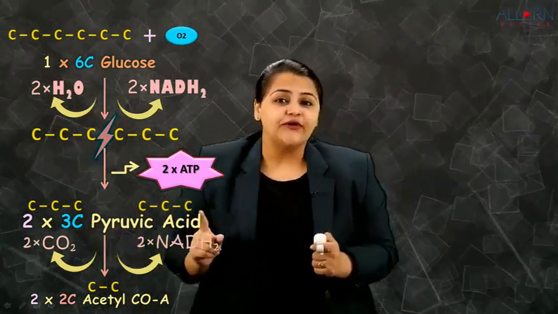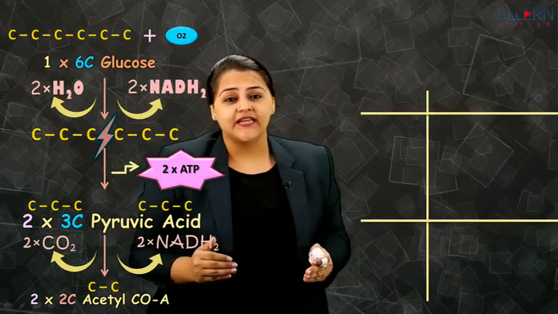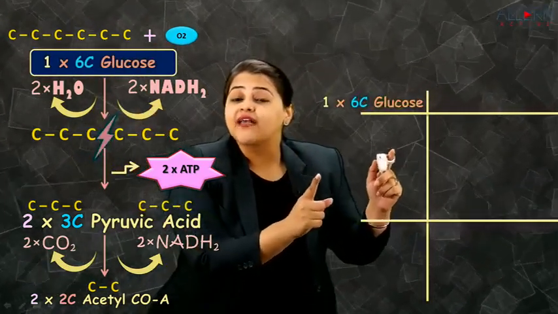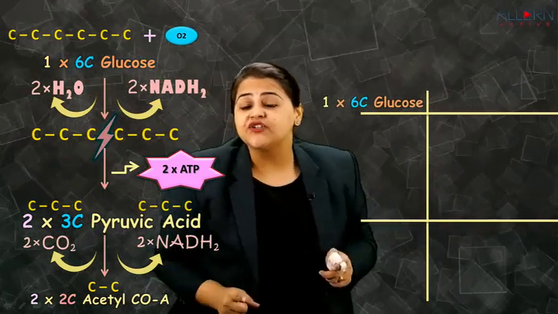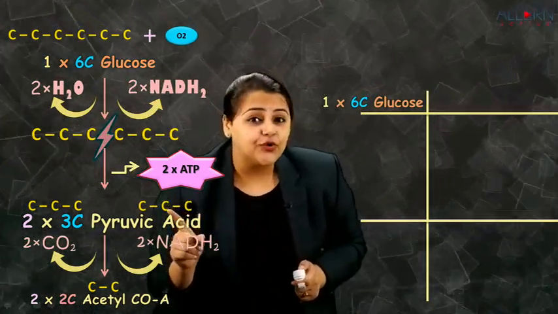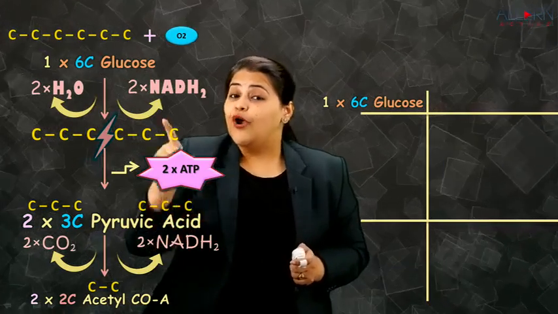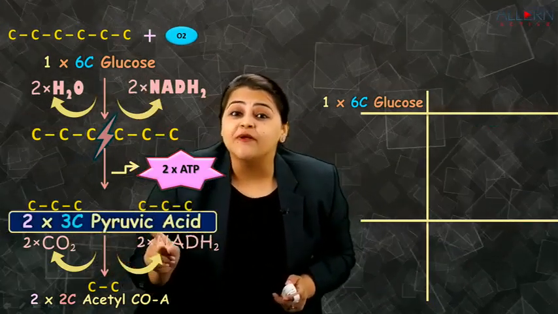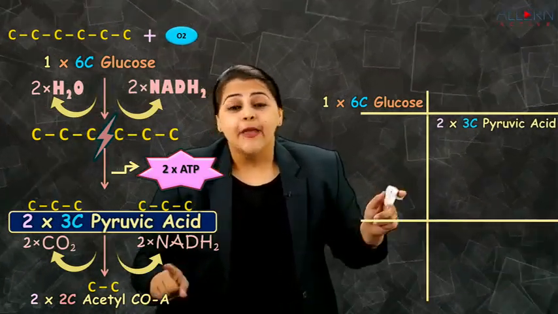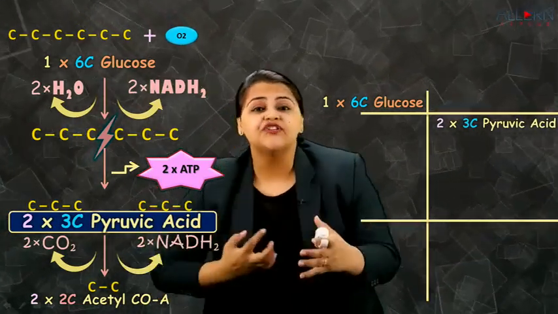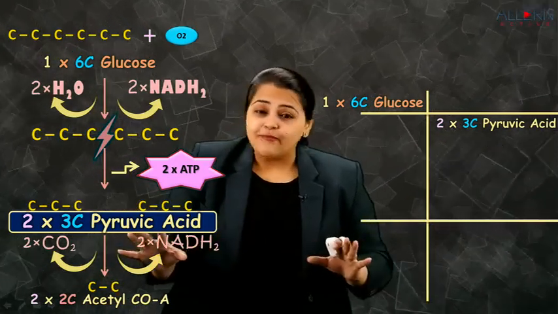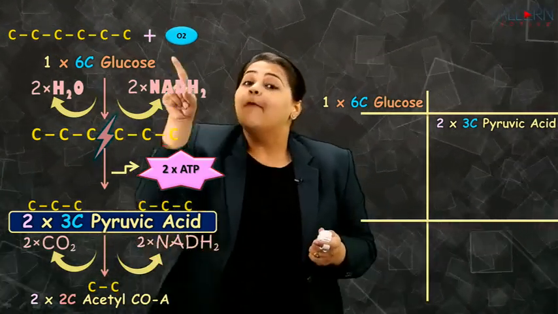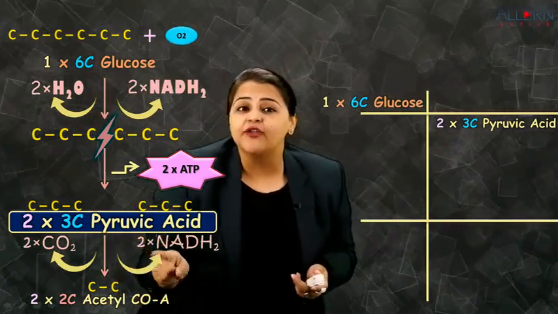Now let's try to take this as a balance sheet. So we have 1 molecule of 6-carbon glucose, which is going to break down into 2 ATP? No. Which is going to first break down into 3-carbon pyruvic acid, because ATP is a product which is forming. It is not being broken down into ATP. It is forming a product ATP by breaking down into pyruvic acid.